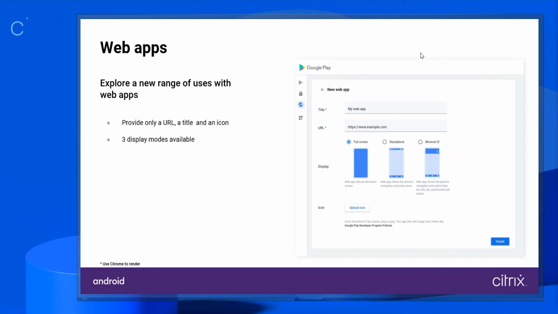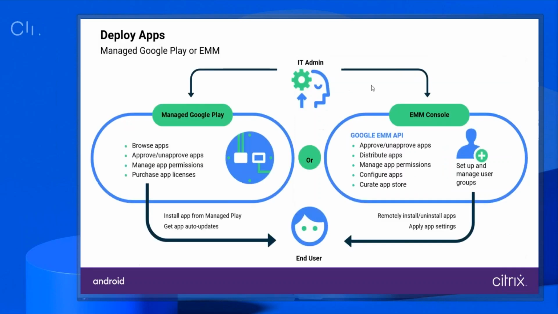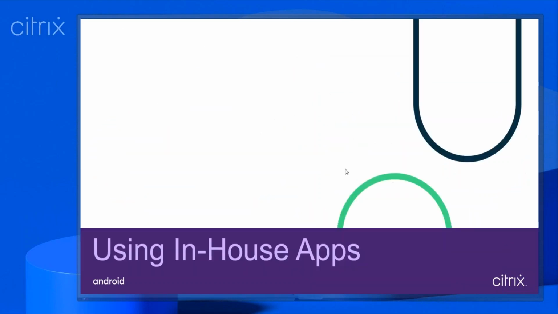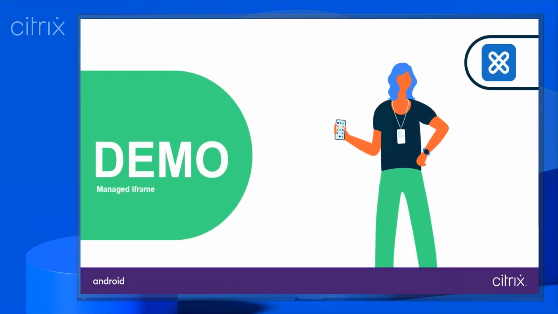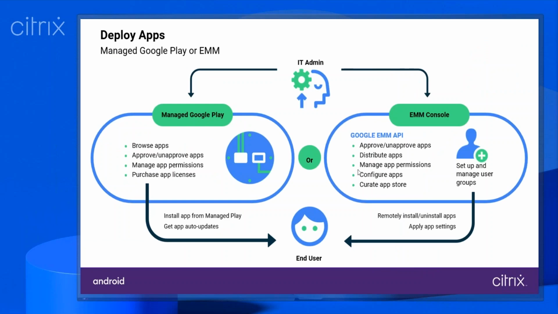So with that, you now know that you have two ways to deploy applications. And we need to go back one slide to deploy apps. One way is to select from Play and deploy from EMM. The other way is that an EMM that supports iframe integration allows direct access to manage Google Play from the console.